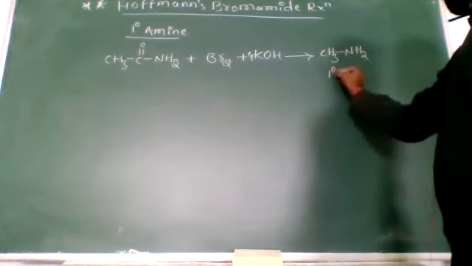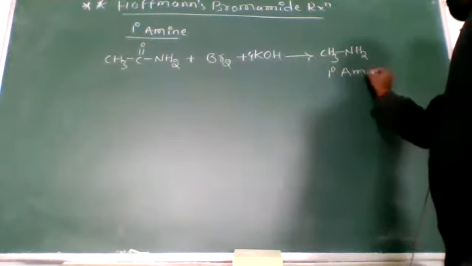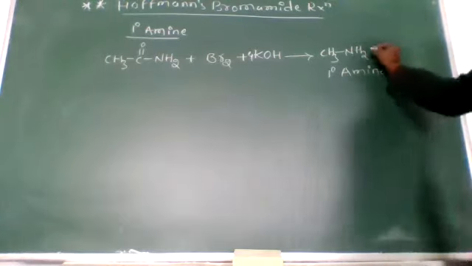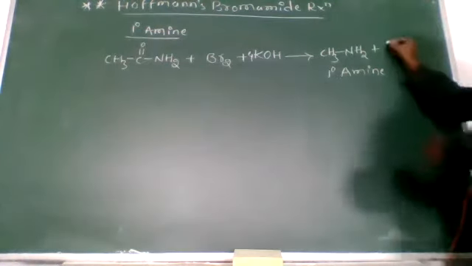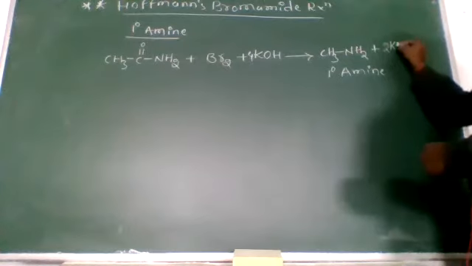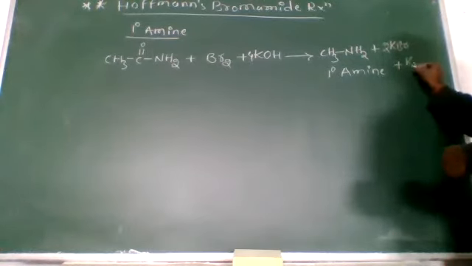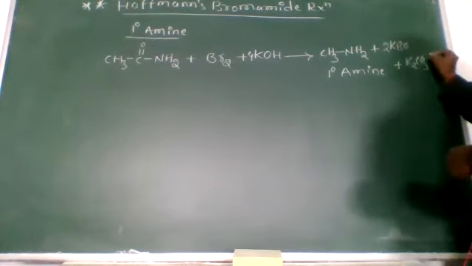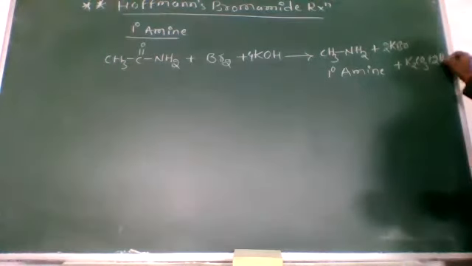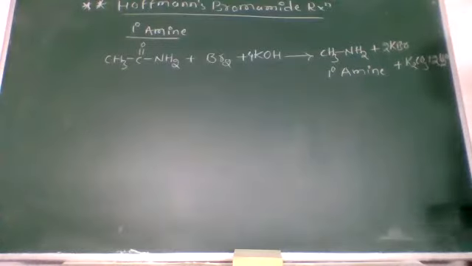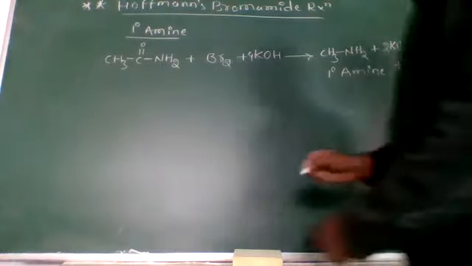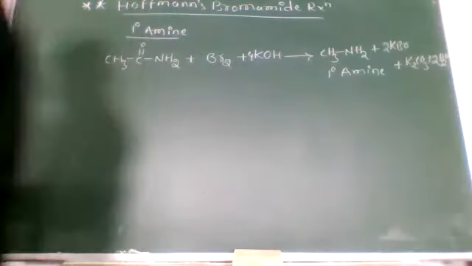This is the primary amine. And here there is also removal of 2 moles of potassium bromide plus potassium carbonate plus 2 moles of water molecule. Okay, right. This is the Hoffman bromide reaction.